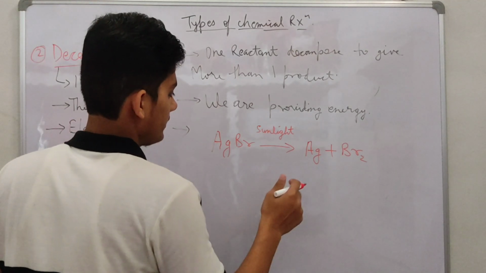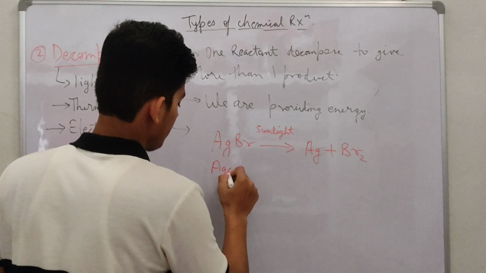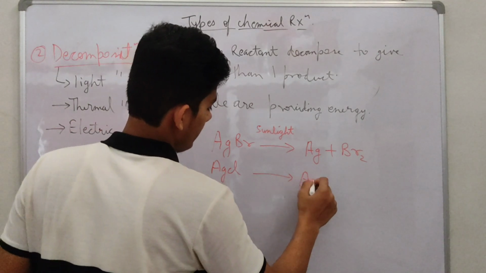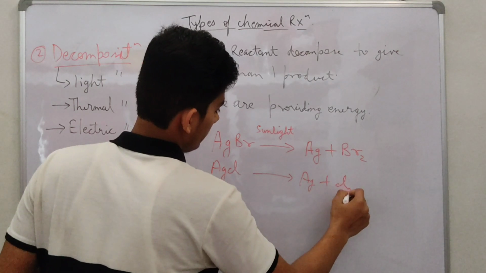And here also AgCl similarly. AgCl also gives Ag and Cl2. Okay.